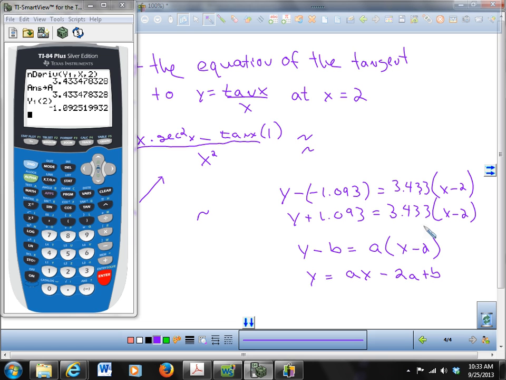Do you guys see where that came from? I just distributed this times this, which gives you 2a, and then I add the b. And then you could go into your calculator and figure out what minus 2a plus b is, and you get a nice, neat, unrounded answer, and then you round off at the very end.